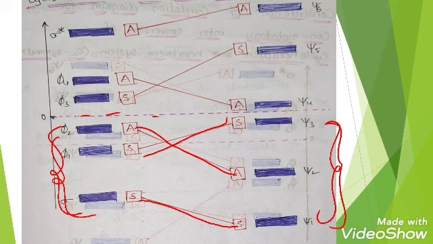So this disrotatory ring opening or ring closing of the cyclohexadiene hexatriene system is thermally symmetry allowed.